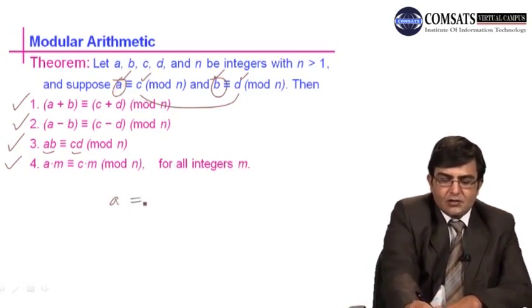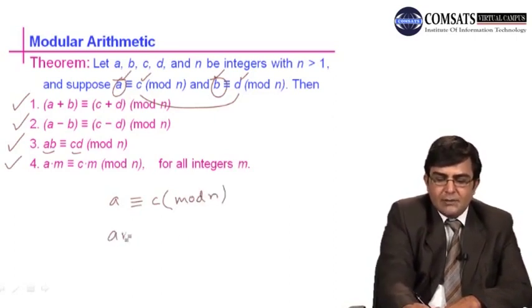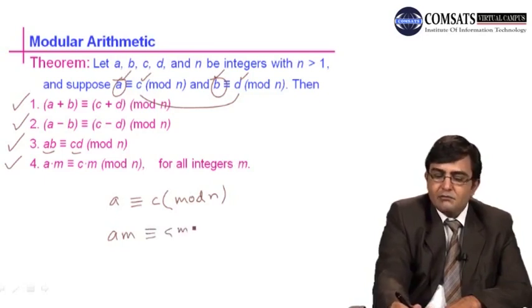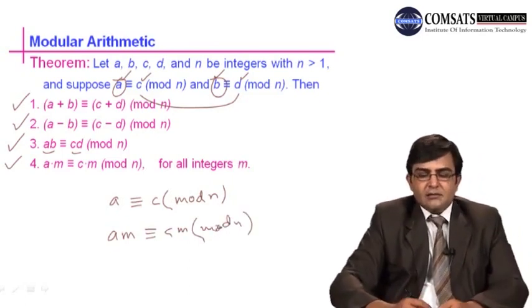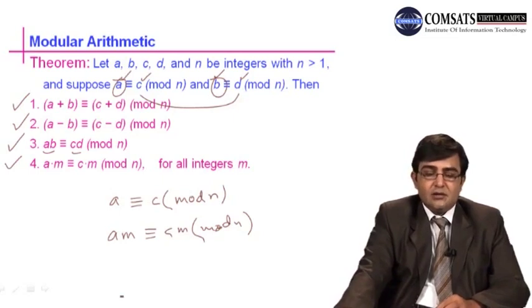That is, if a is congruent to c mod n, then we can multiply a by m and c also by m, and this congruence will still be true. So we can multiply by m on both sides of the congruence modulo relation.